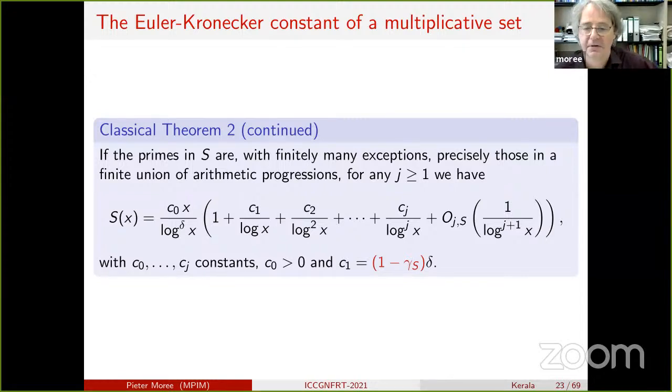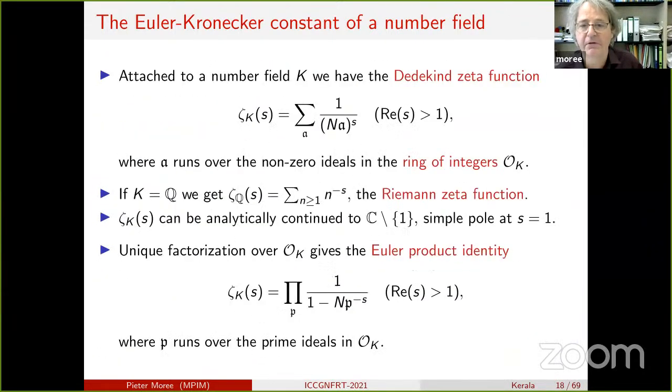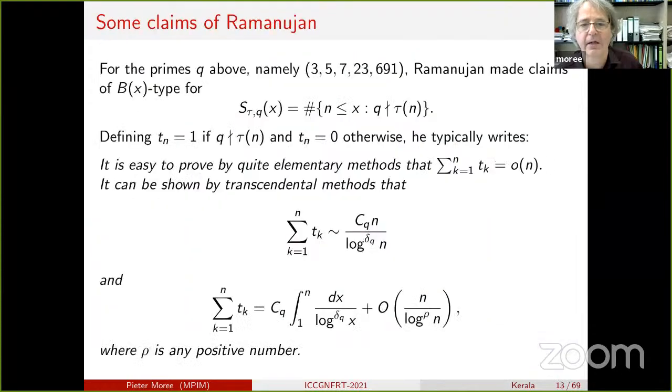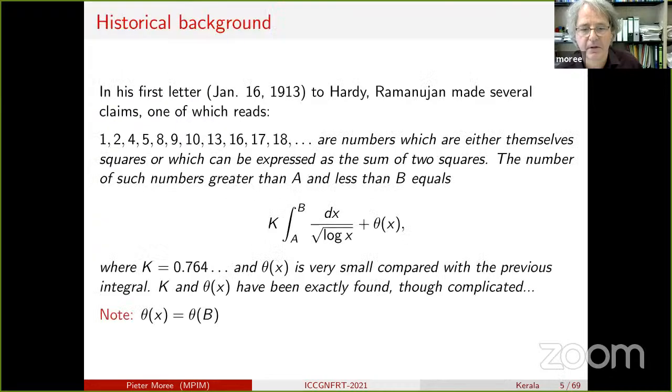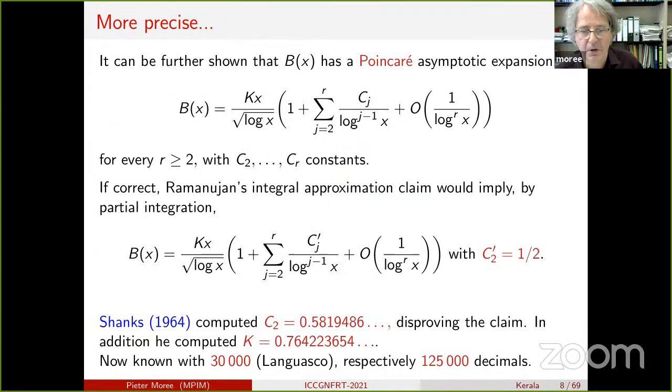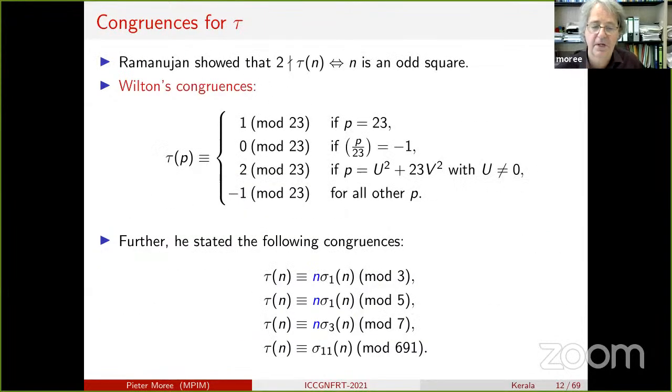The most famous congruence proved by Ramanujan, which I stated, is the congruence modulo 691. So here we have it, the final one: tau(n) is congruent to sigma_11(n) modulo 691. What's the idea of the proof?